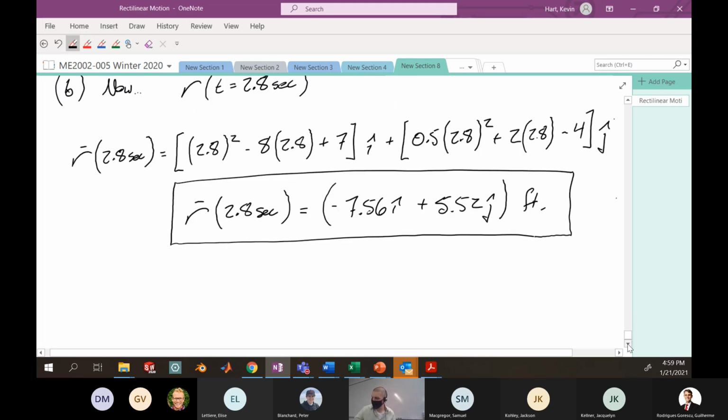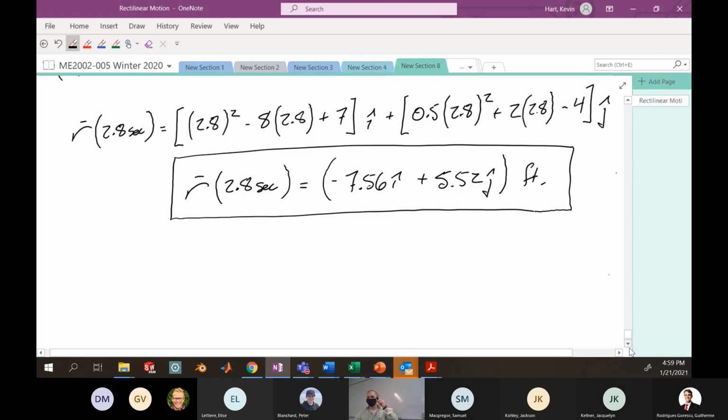All right, maybe I think about starting to sketch this. It's kind of the last thing that this problem asks for me. So let's maybe think about making a sketch, and we'll add to the sketch as we go. All right. So my particle at this particular time, which is t equals 2.8 seconds, it's at location negative 7.56, positive 5.52.